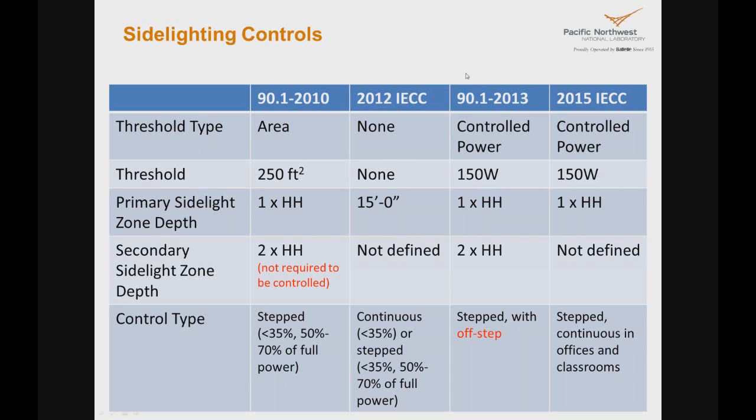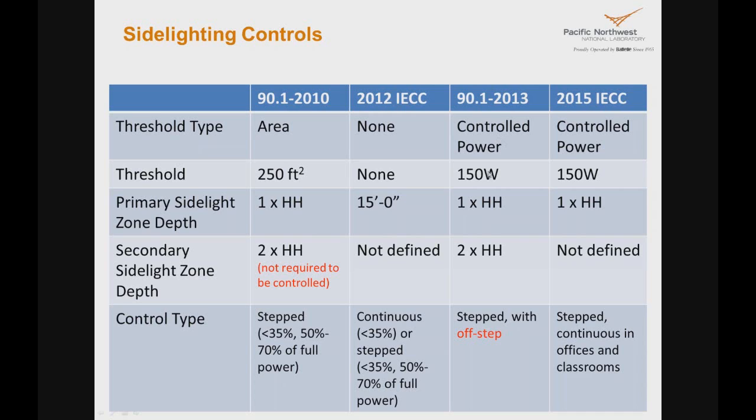I'm going to jump to 90.1/2013 here because the requirements are similar, but there is one major difference between 2010 and 2013. The type of threshold that was present in 2010 was changed in 2013. So in 2010, we had an area threshold. In 2013, we have a controlled power threshold.